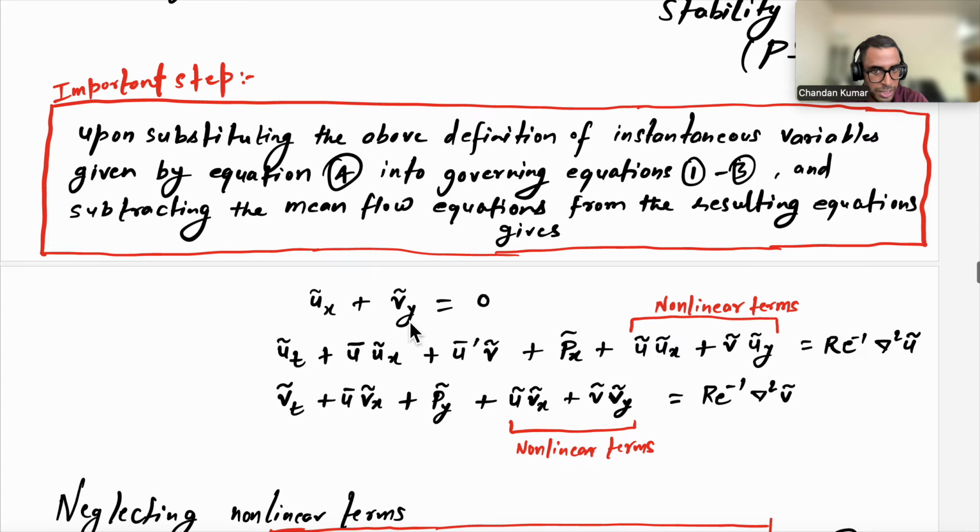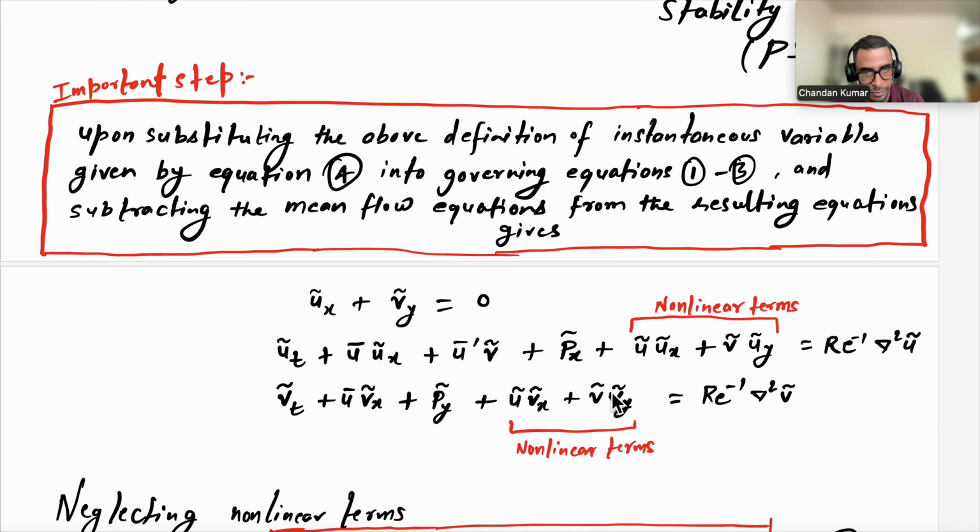Now in this equation, when we look at the different terms, we see there are some terms where the perturbation is being multiplied with the perturbation itself. So those are the nonlinear terms. We see these two terms are nonlinear in the x momentum, and these two terms are nonlinear in the y momentum.